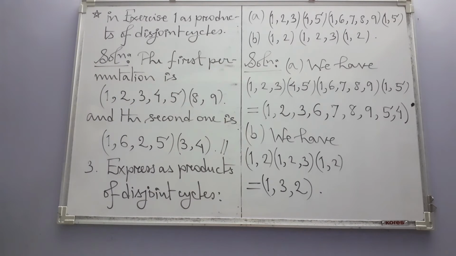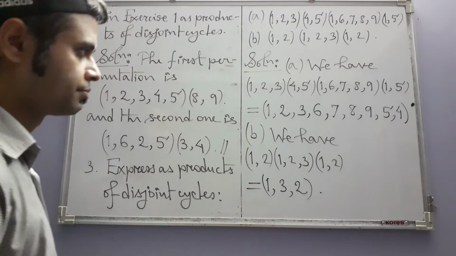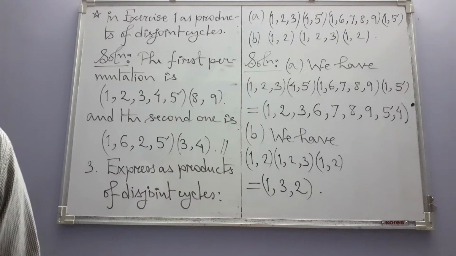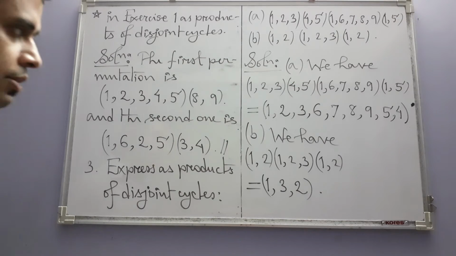So this one is also a cycle. Nevertheless, the single cycle is also disjoint in a trivial and silly manner, because there is no other cycle.